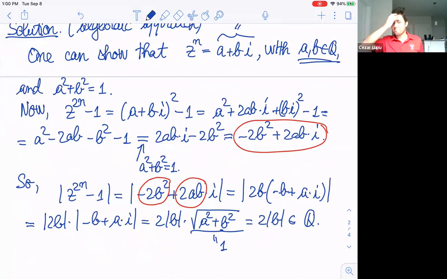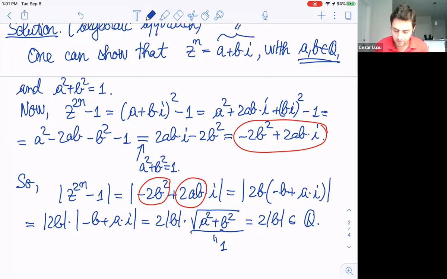So that's the algebraic approach. As you can see, we dive in directly into the problem. It's just computations, nothing else. But now let's use the trigonometric approach.